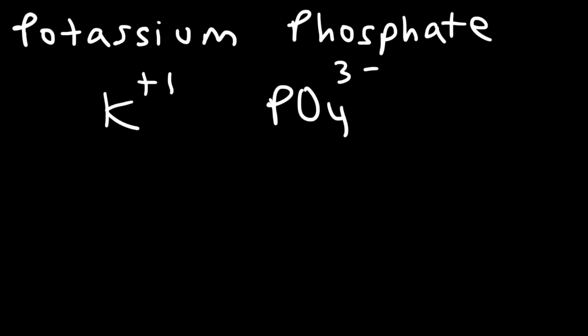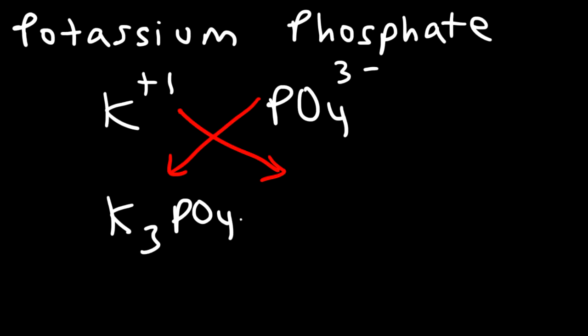Now a quick and simple method is to replace the numerical value of the charges with subscripts. So this is going to be K3PO4 times 1, which we could simply leave it as PO4. And using that technique, you can quickly write the formula for the ionic compound. So it's K3PO4.